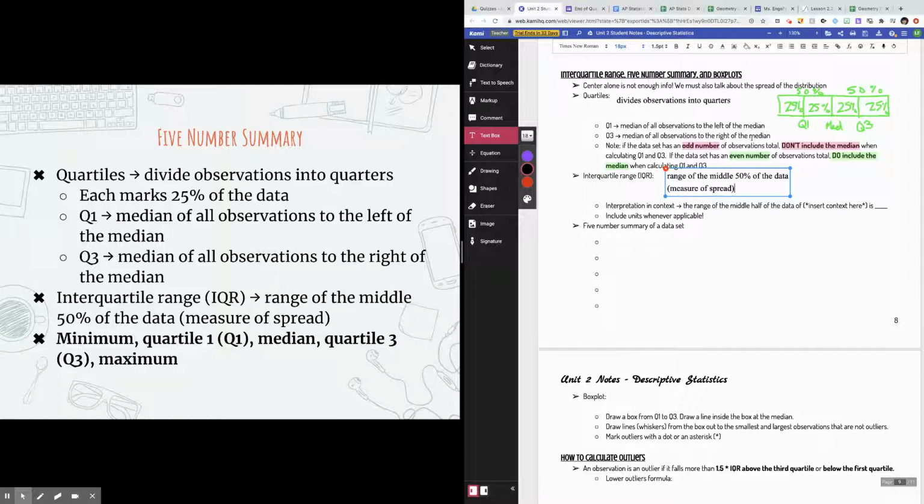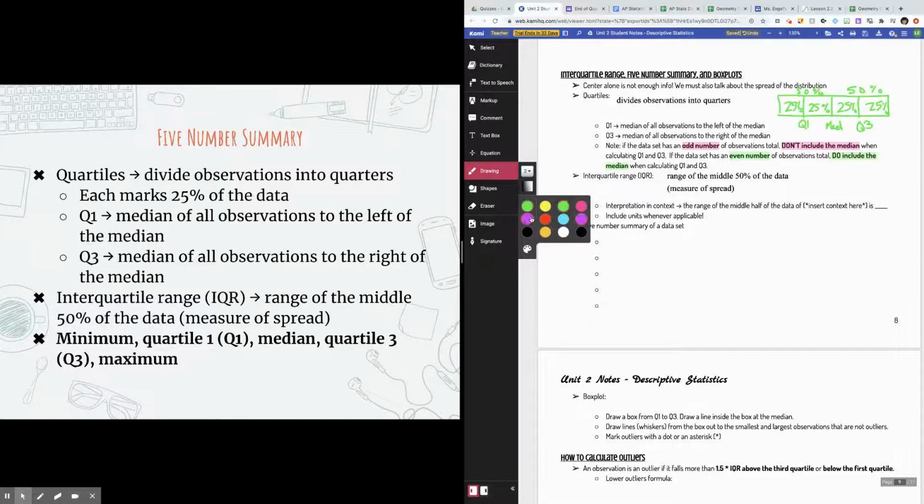So if you're looking at our division of our data up here in green on the right hand side, the IQR is the middle 50%. It's the data that's between the quartiles, Q3 and Q1. So you calculate IQR, the formula for IQR is you just subtract your quartiles: quartile 3 minus quartile 1.